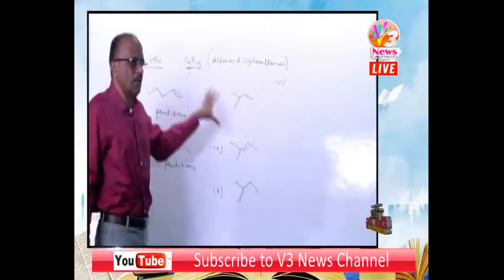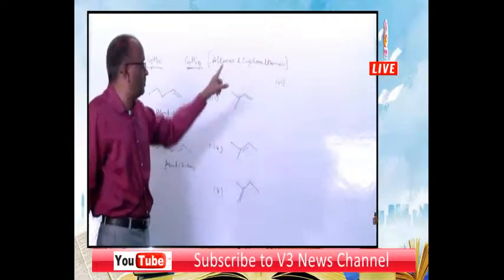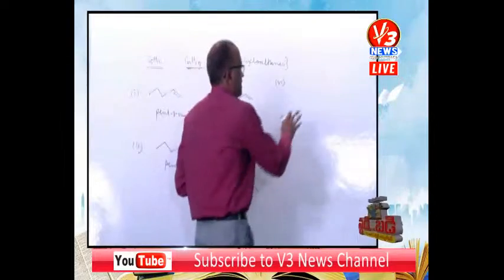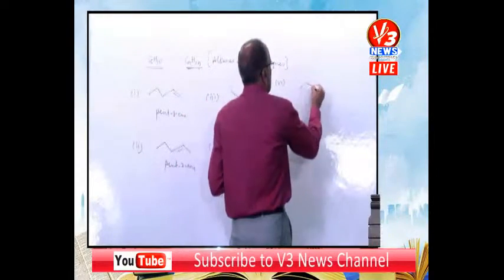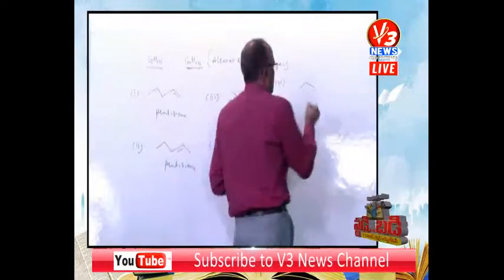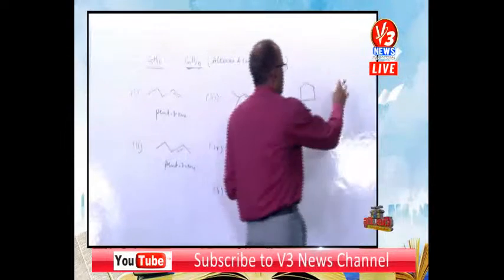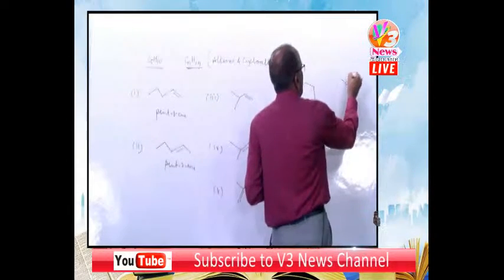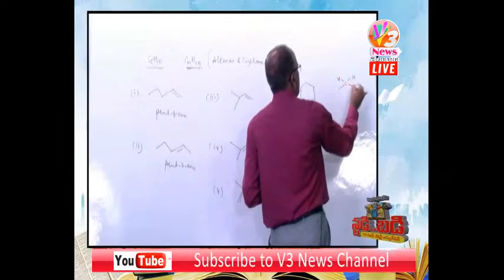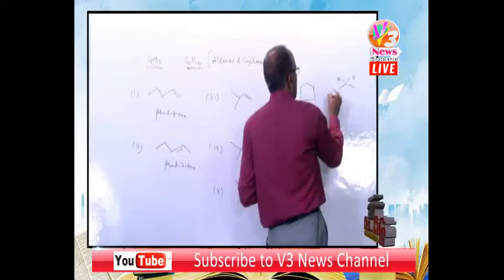So I wrote possible alkene structures. Now I will write possible cycloalkane structures. Then you arrange a ring with 5 carbons like this. I hope that you are understanding this way of writing of structures.